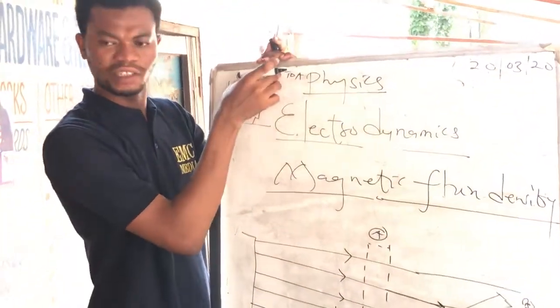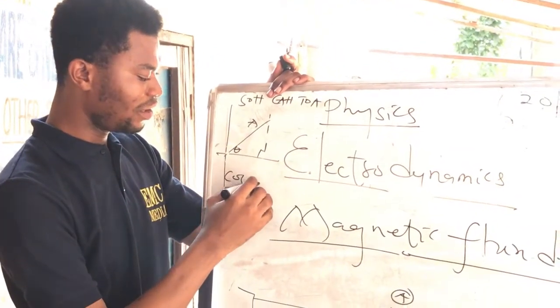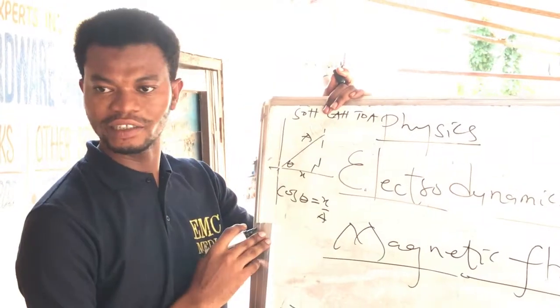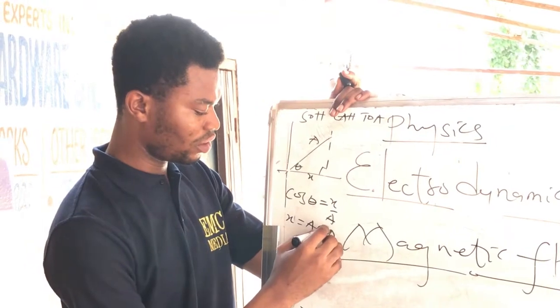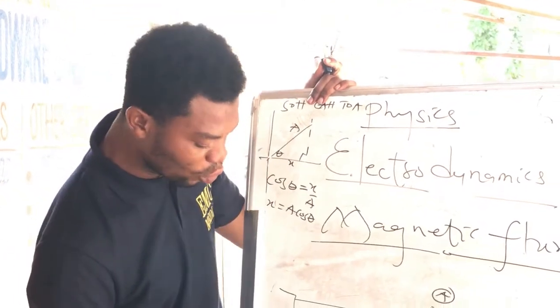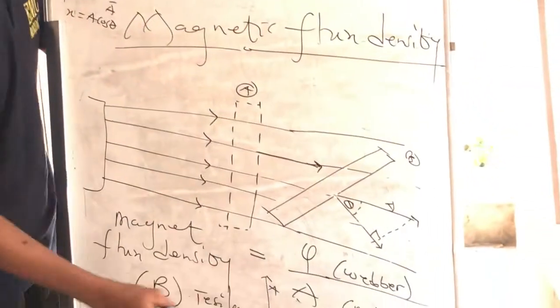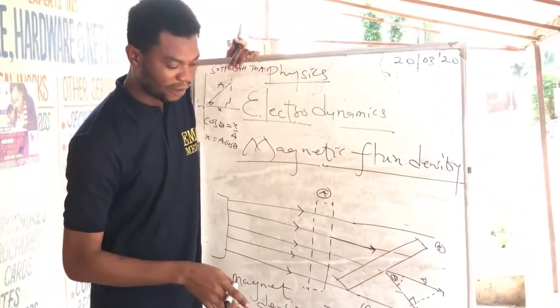So which one should we use? Cos theta should be x over A, isn't it? So x gives me A cos theta. So now instead of using this A, we are going to use A cos theta.